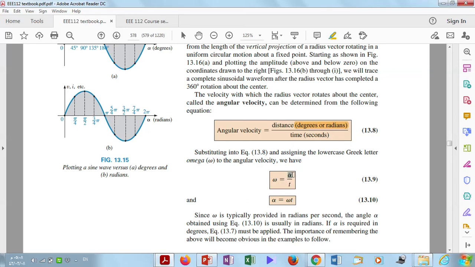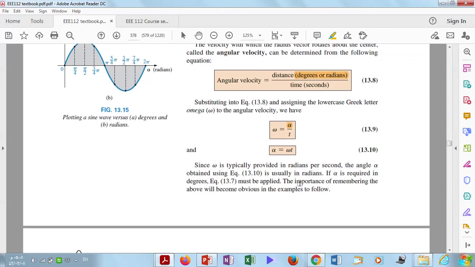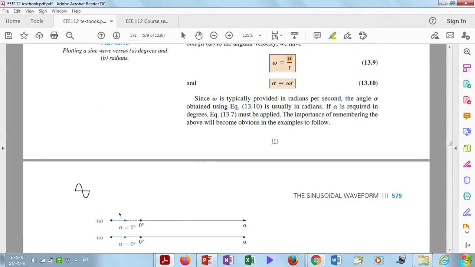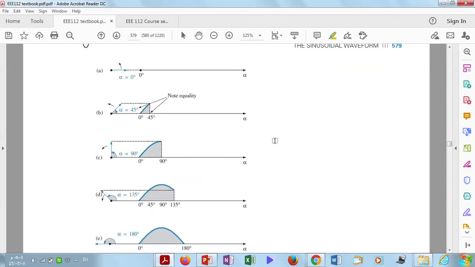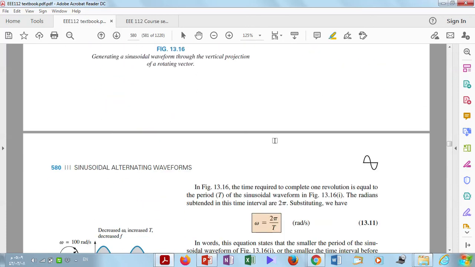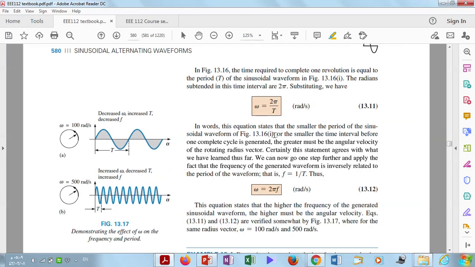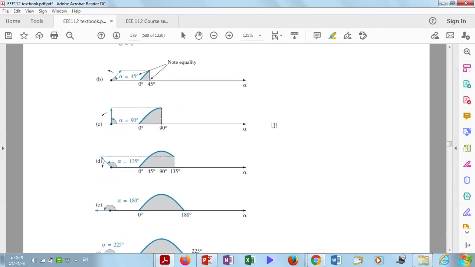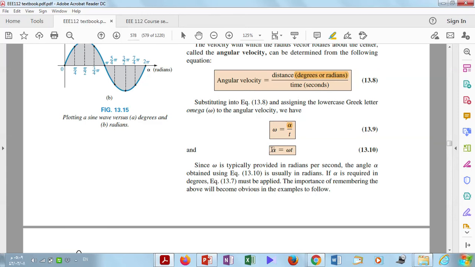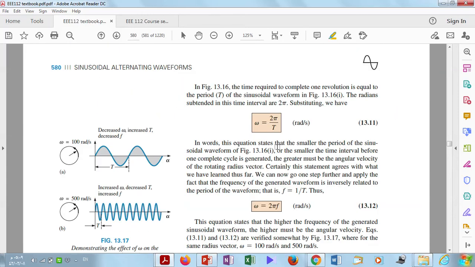What about if we need to know alpha? Alpha equals t multiplied by omega. This is the general formula. What about if we know the period? What is the period?